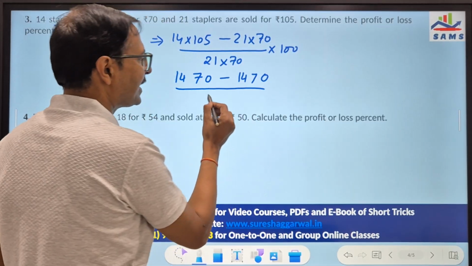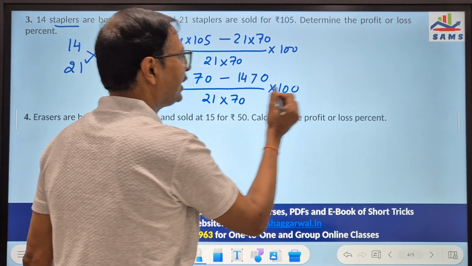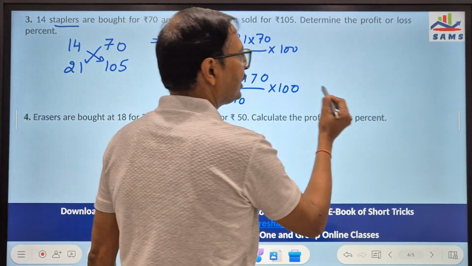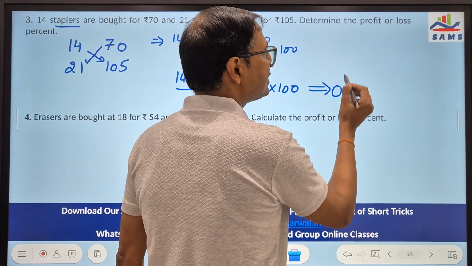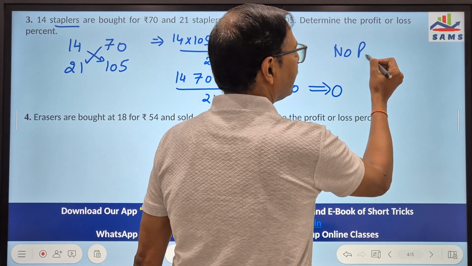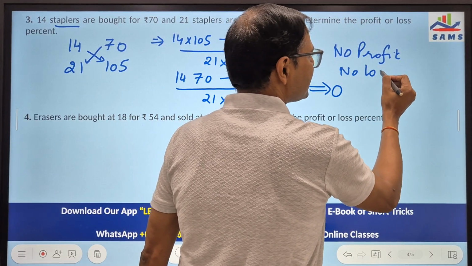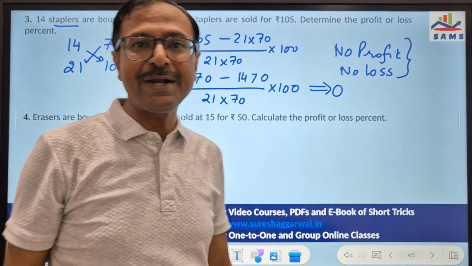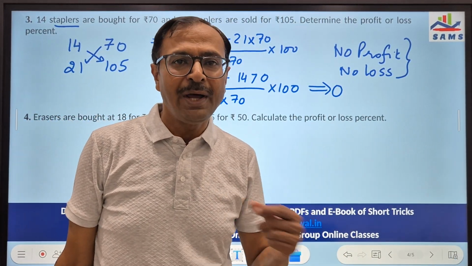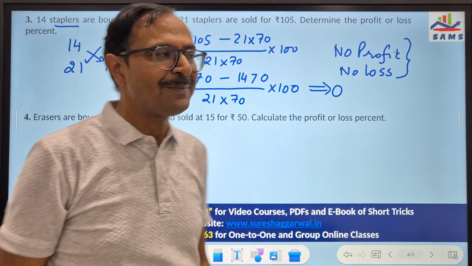And surprisingly for me, I am getting a 0 in the numerator. Look at this. And what does that mean? The answer is 0, and 0 means there is no profit, no loss, right? This is a special question where we are getting a 0 in the numerator. So once you get a 0 in the numerator, everything becomes 0, and therefore it means that there is no profit percent or loss percent.